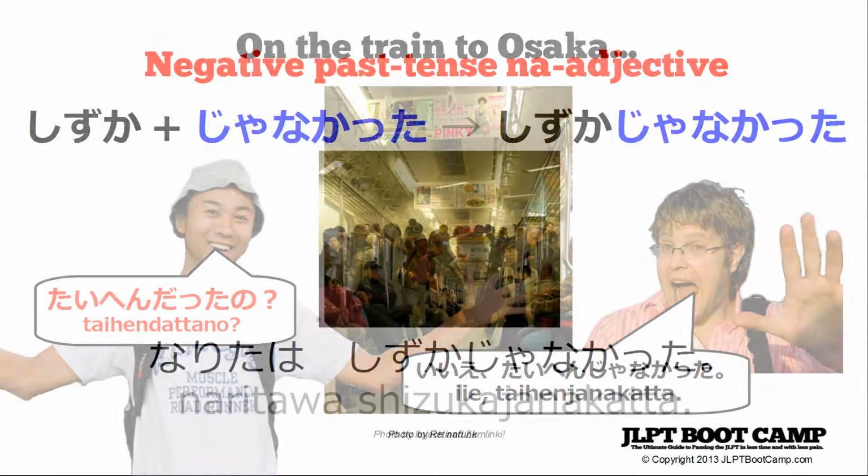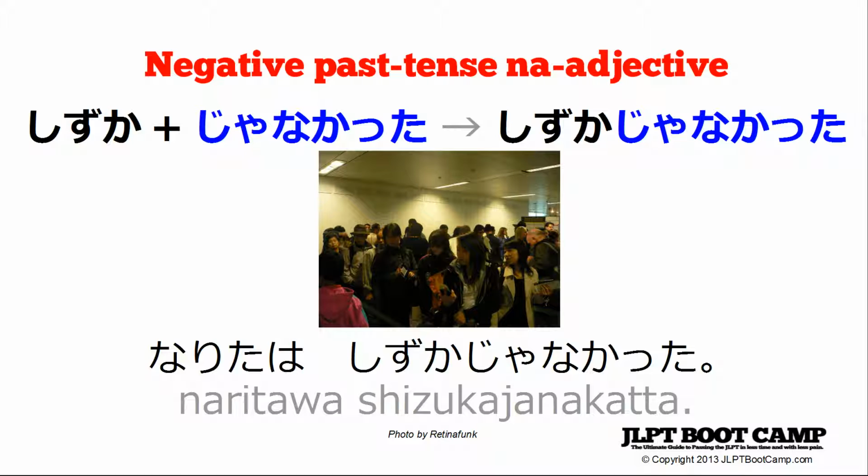And you responded with the negative past tense of the na adjective. For example, here's another example. Narita wa shizuka janakatta. And you'll notice here that this is very much like the i adjective. You have that nakatta at the end. The only difference is you add janakatta.